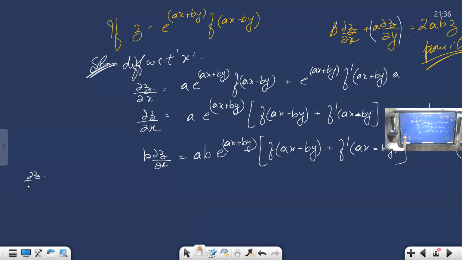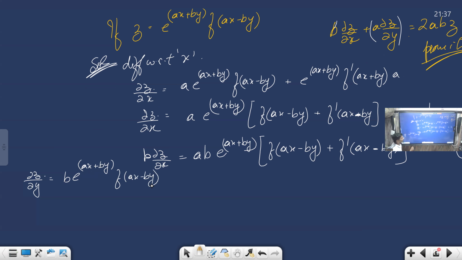Del z by del y equal to e to the power ax plus by, and b will come out now because with y you have got b, and the b will remain as it is, ax minus by.